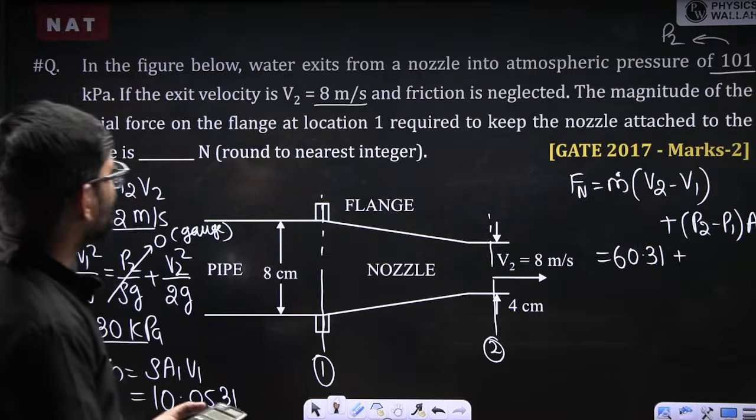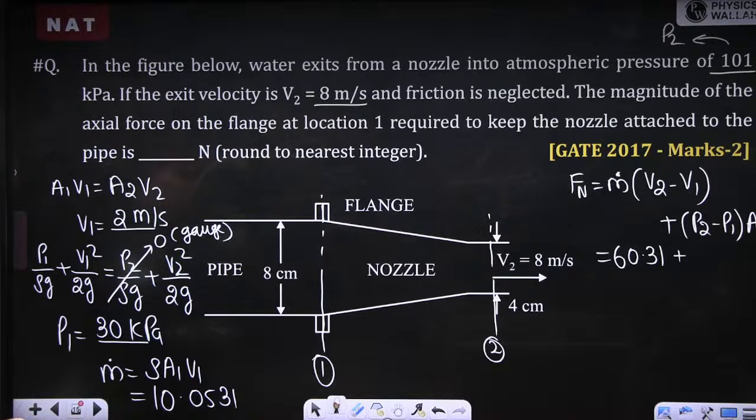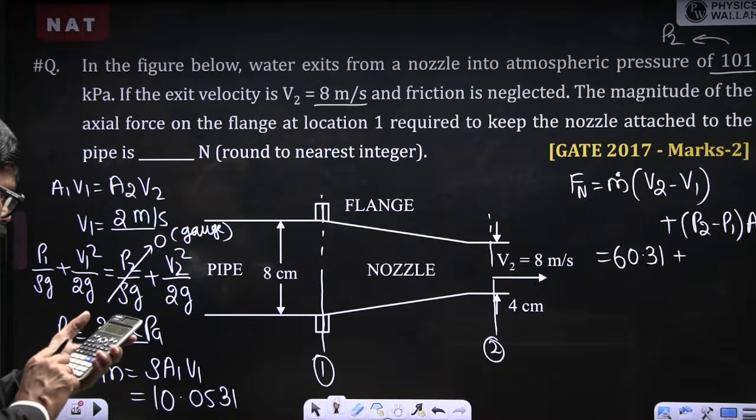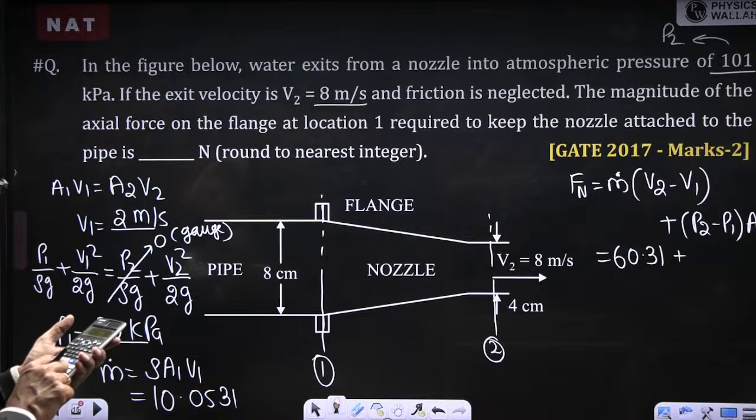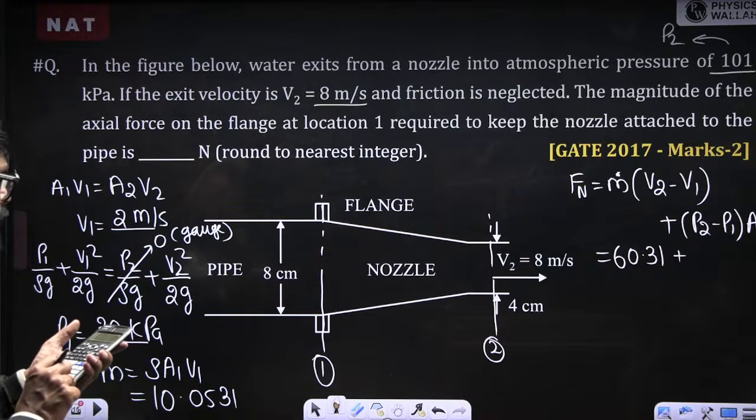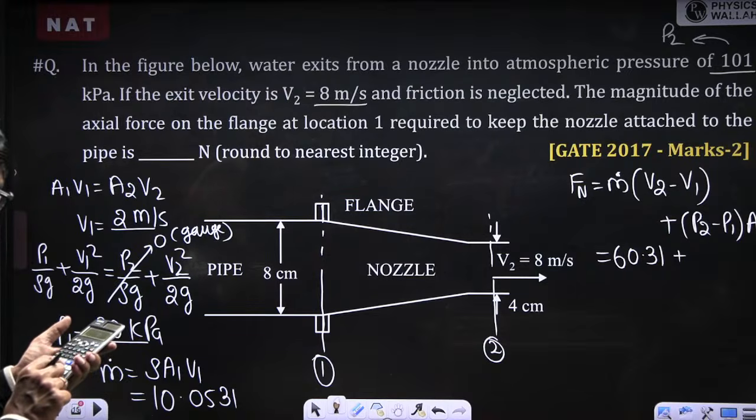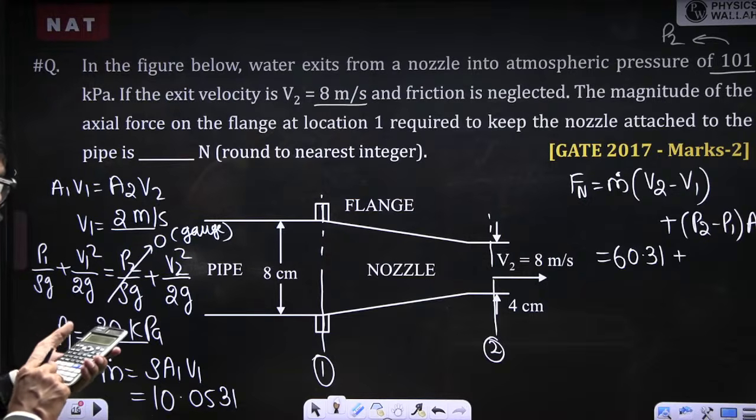Okay, P2 value is going to be 0, atmospheric condition, so P1 value we need to consider. Pi by 4 into d1 square, 0.08 squared, pi by 4 d square into 30.